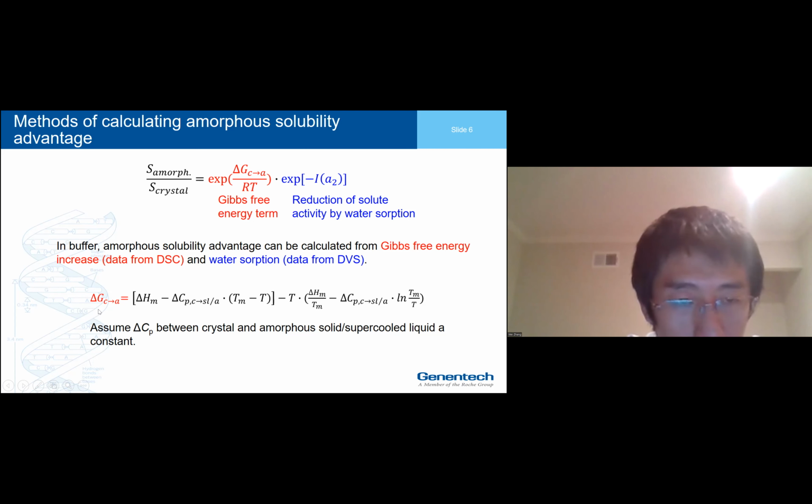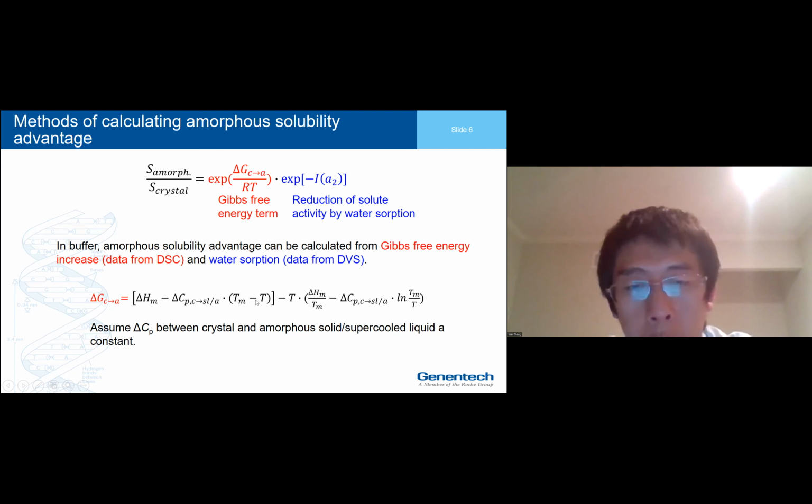A simple equation to calculate the Gibbs free energy difference involves melting enthalpy and heat capacity difference between the crystal and the amorphous form, and the melting temperature and the temperature of interest, usually 25 degrees or 37 degrees. So all these parameters can be measured by a conventional tool called DSC, differential scanning calorimetry. And this water absorption term can be calculated based on data from DVS, dynamic vapor sorption.